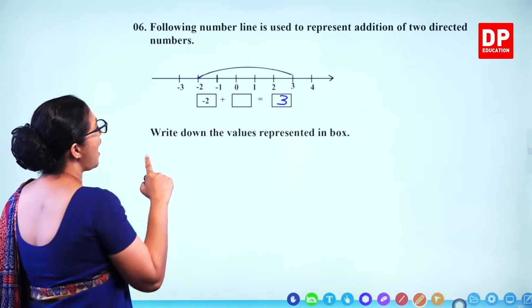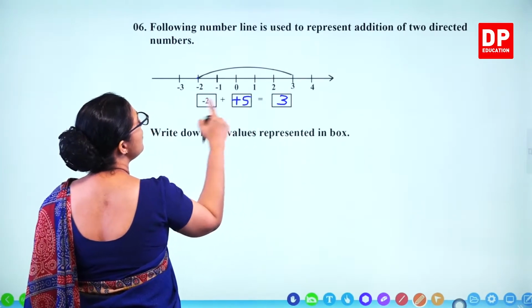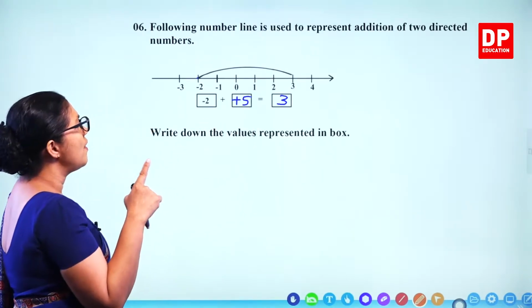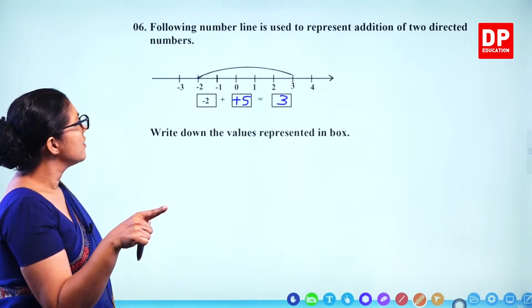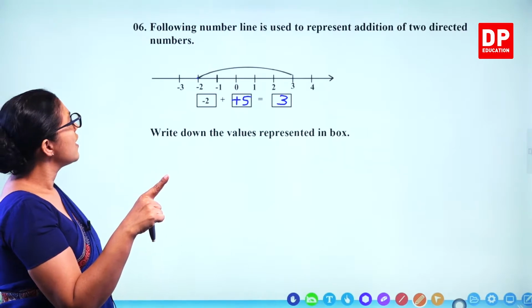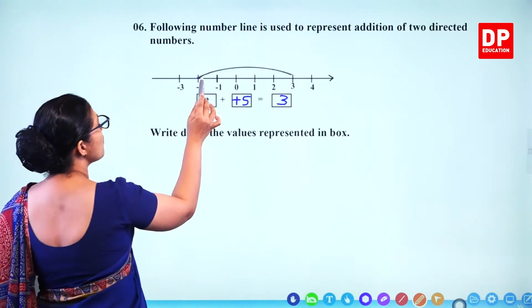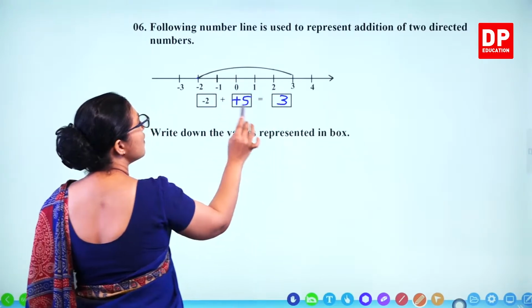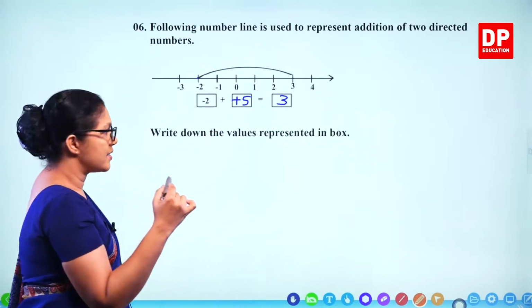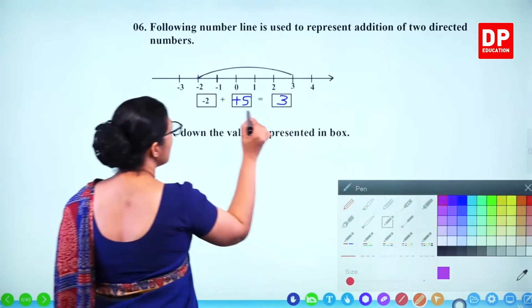You need to add 5. Then you get -2 plus 5 becomes plus 3. That's what we can write. 5 squares, 1, 2, 3, 4, 5. 5 units to the right. So you get 2 marks, 1 mark each.